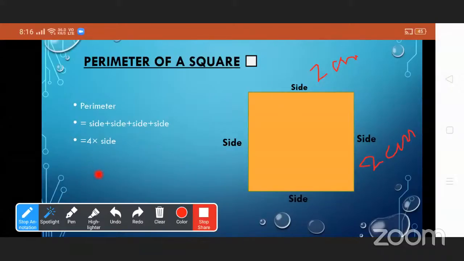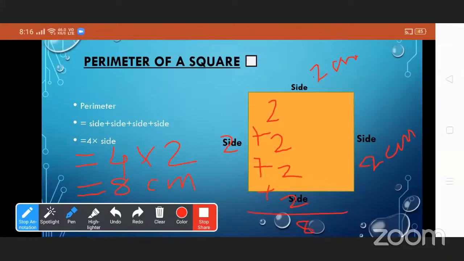Perimeter is equal to 4 into 2. 4 into 2 is 8 centimeters. See here, 2 plus 2, 4, this 2 also. 2 plus 2 plus this 2.